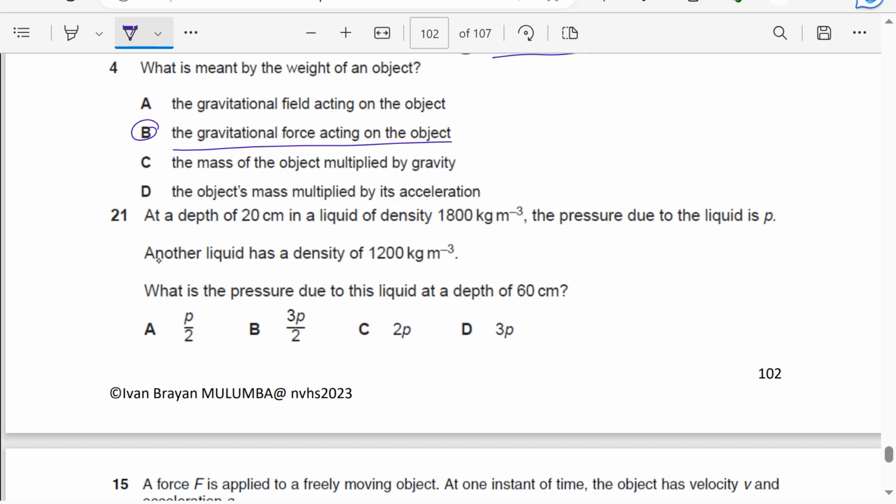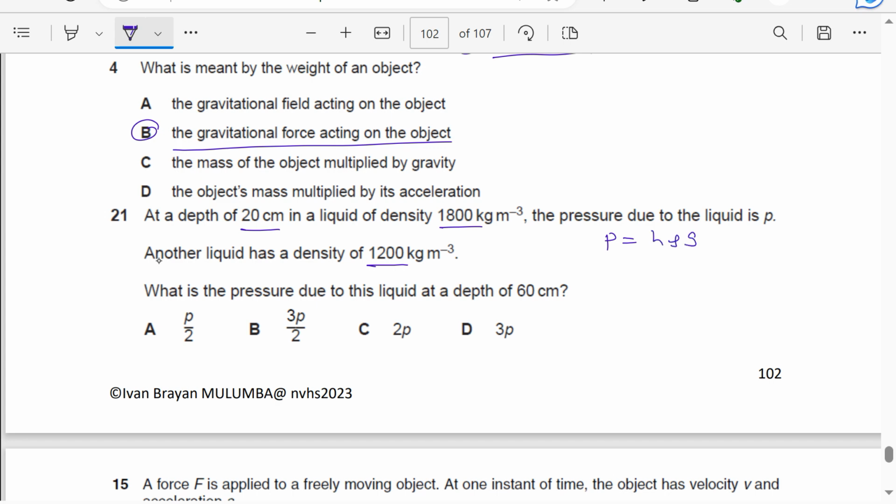At a depth of 20 centimeters in a liquid of density 1,800 kilograms per meter cubed, the pressure due to the liquid is P. Another liquid has density 1,200 kilograms per meter cubed. What is the pressure due to this liquid at a depth of 60 centimeters? Okay, so for the first liquid, let's say the pressure is P. P is going to be depth times density times g.